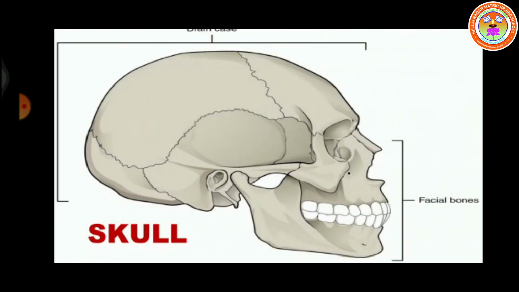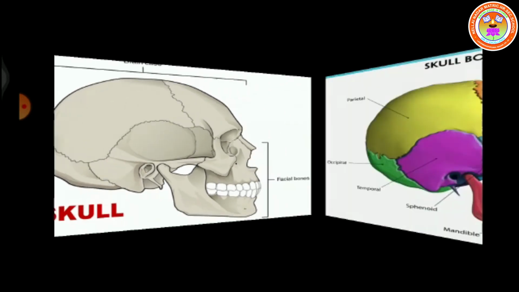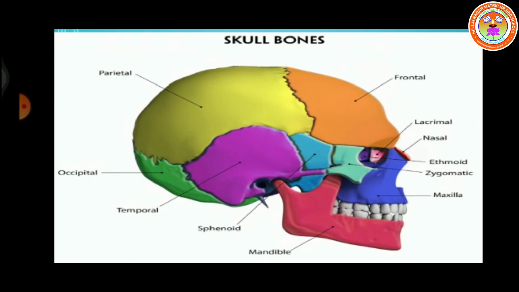Skull is a hard structure made up of small bones. It is formed by 22 bones, out of which 8 bones are fixed together to form the cranium. Totally 22 bones are there; you can see different colors.